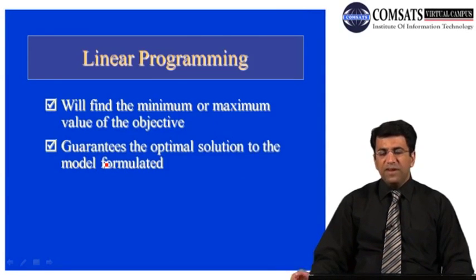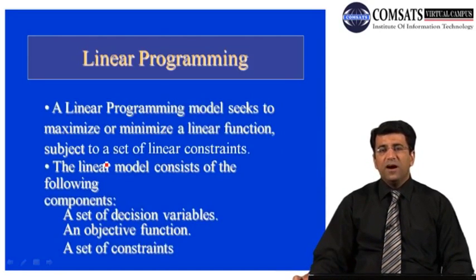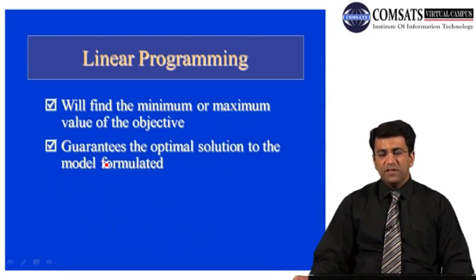Then we will find the minimum or the maximum value of the objectives. When we are able to identify our objective function, we'll be interested either to maximize it or to minimize it, which may be the cost function, in which we are interested in minimization.